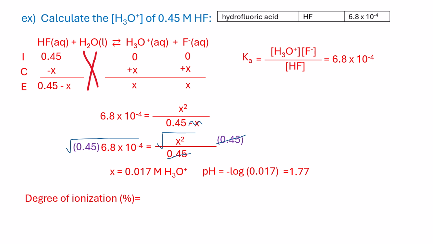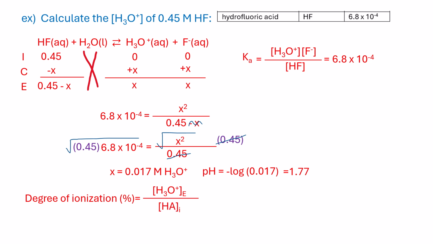And then the last question is, what is the degree of ionization? So that's a new term. It basically just means how many of my original 0.45 moles per liter of HF actually goes through ionization by the time we reach equilibrium. So that formula is simply going to be a fraction. We're going to say, all right, what is our concentration of hydronium at equilibrium?